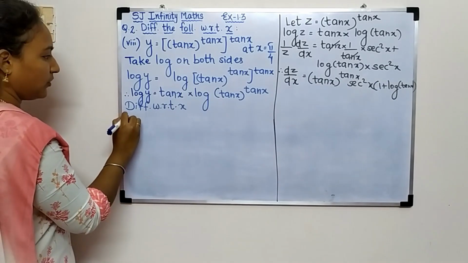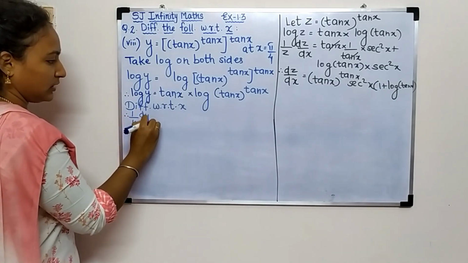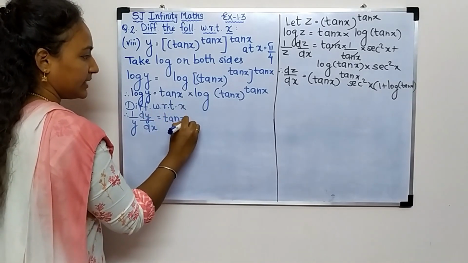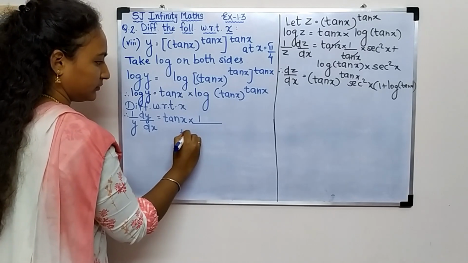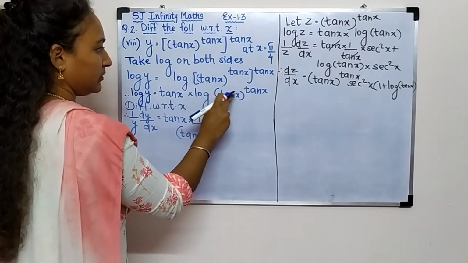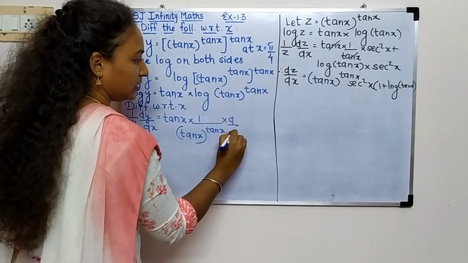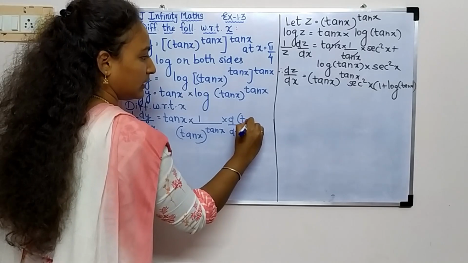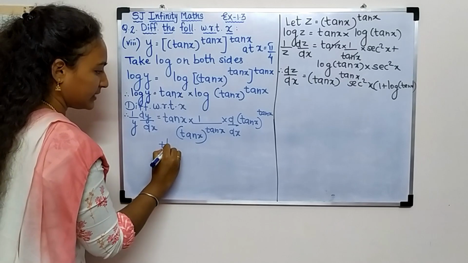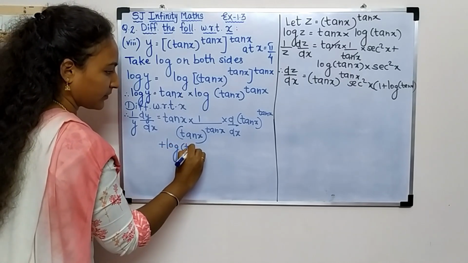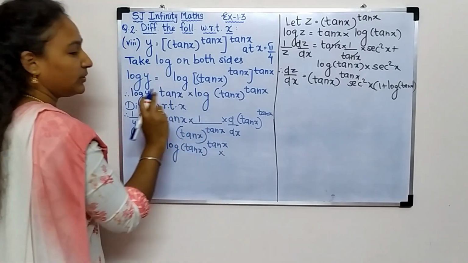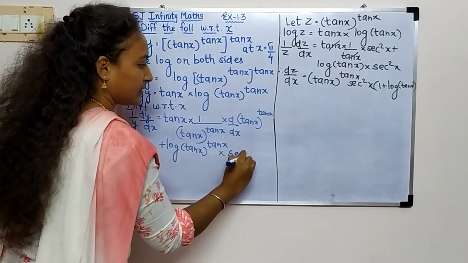Therefore, 1 upon y dy by dx is equal to tan x into 1 upon tan x raised to tan x multiplied with derivative of tan x raised to tan x, plus log of tan x raised to tan x into derivative of tan x, which is sec square x.